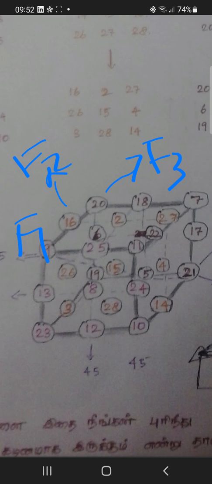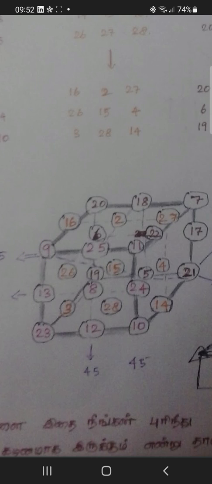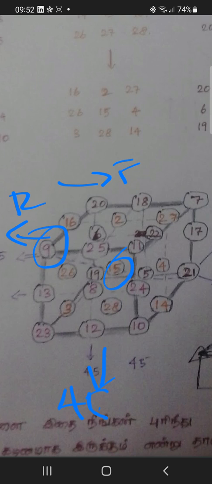After placing these numbers, each column gives 45, each row gives 45, and each face also gives 45. And then each exact diagonal, which is nothing but 9, 15, 21, is this particular row.